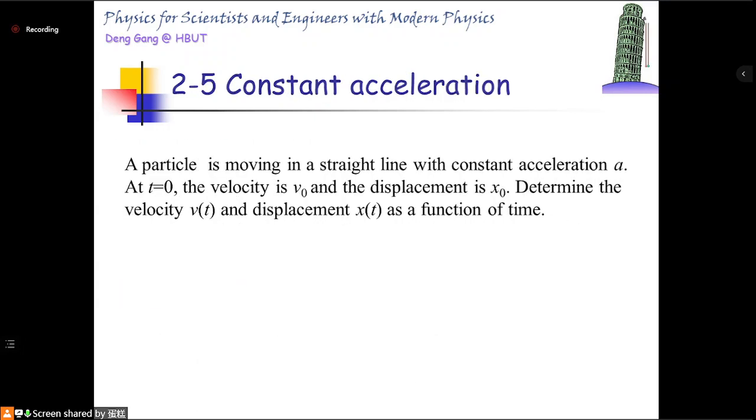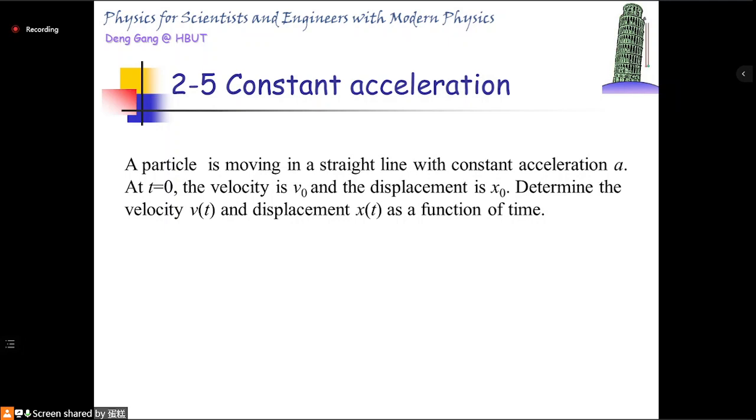There is a very special kind of motion, and it's also very common in our daily life: the constant acceleration. If a particle is moving in a straight line with constant acceleration a, and at t equal to 0 the velocity is v0 and the displacement is x0, we want to determine the velocity v(t) and displacement x(t) as functions of time.